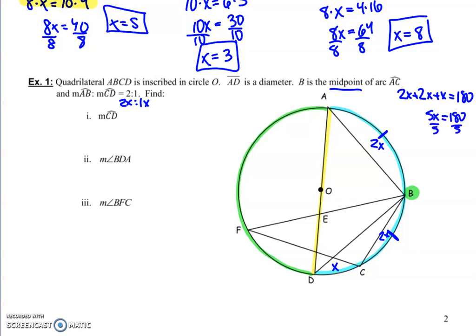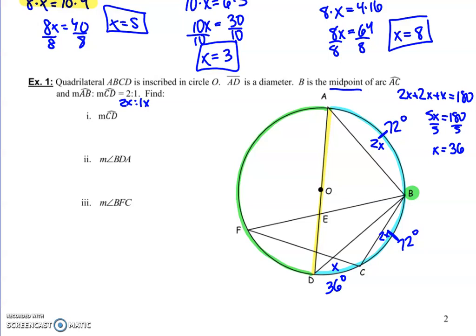Divide both sides by 5. That goes in 3 times. 36 is x. So now, if x is 36, arc DC is 36 degrees. 2 times 36 is 72. And then that one's also 72.